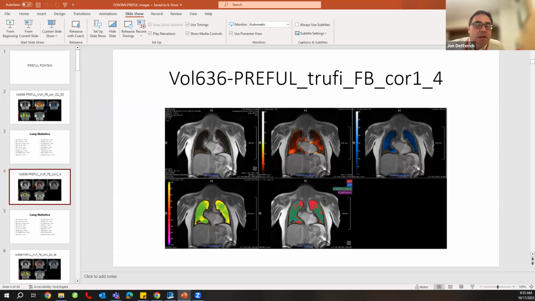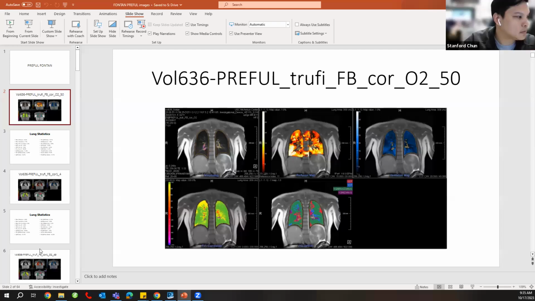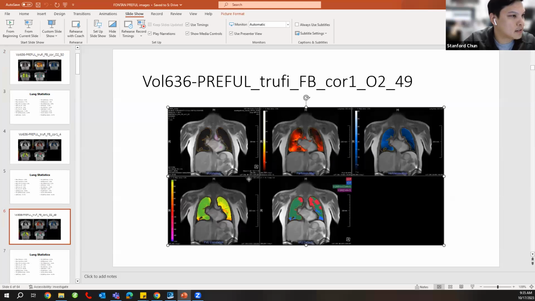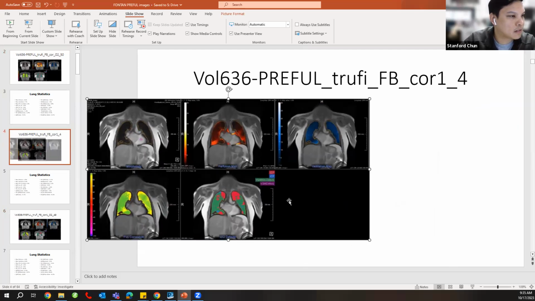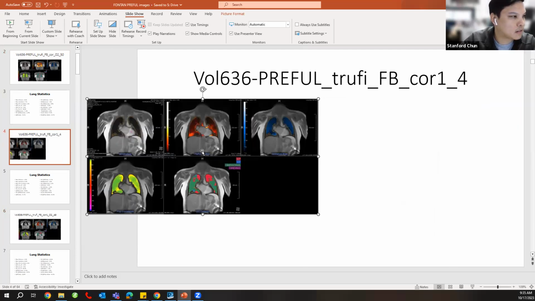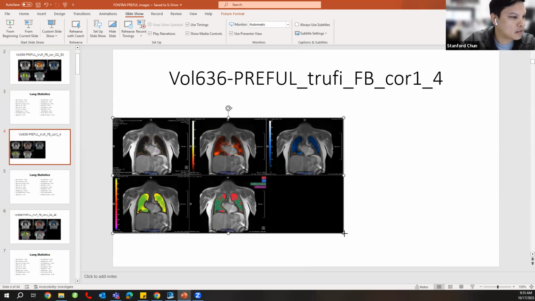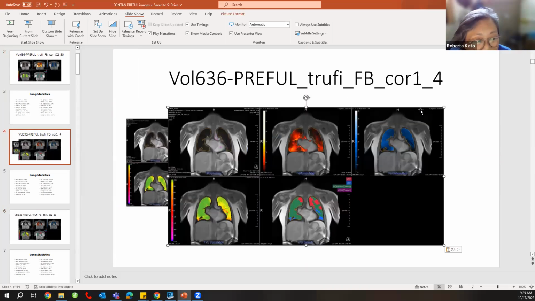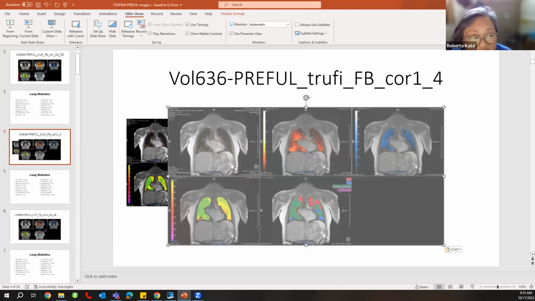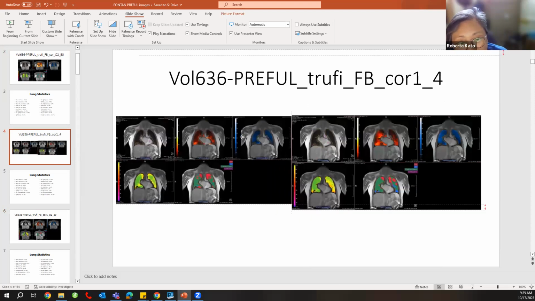Can you put the other one next to this one? So the other one was on oxygen, you said? Let me compare the actual slices. As an FYI, if you want to add them, you might want to duplicate it so you'll always have that other one.